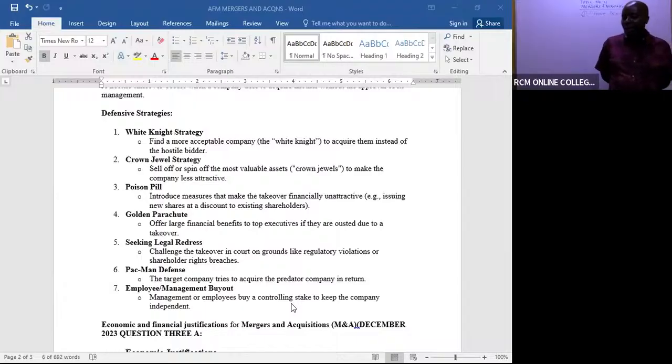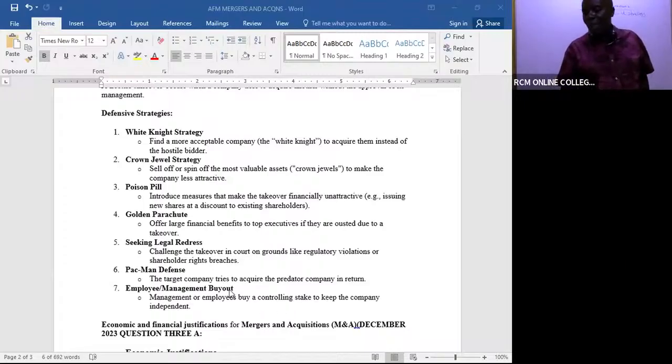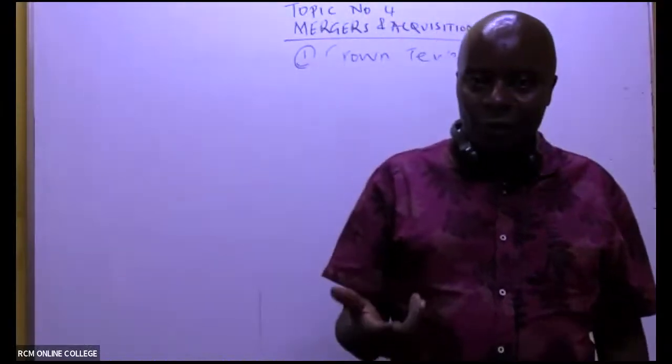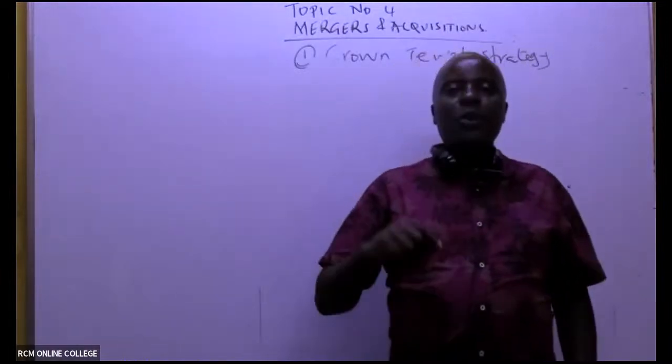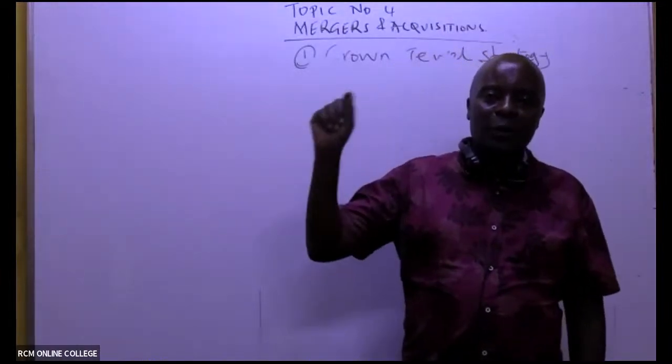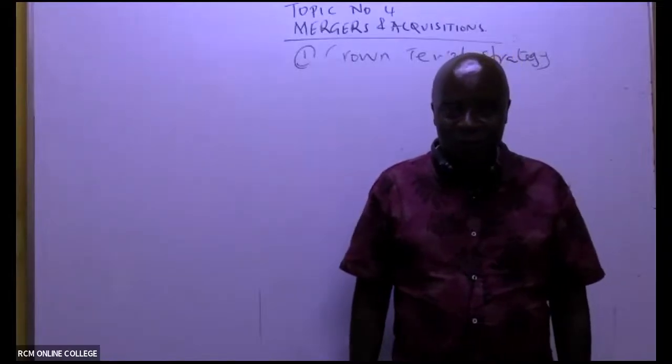Now, ladies and gentlemen, we have what we call employee or management buyout. This one I've always seen Equity Bank using a lot. James Mwangi encourages, he doesn't force, employees of Equity Bank to always be buying shares of Equity Bank at the stock exchange.